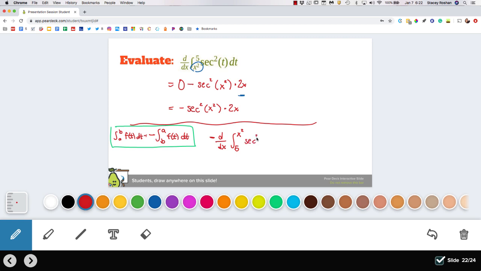And so if we were to do that, you're obviously going to get the same answer. Now you have that negative, let it hang out, and then you would be putting this x squared in and chaining it. Secant squared x squared times 2x. So either way you want to do that one is fine. And that's kind of why we get this opposite formula, because you would be doing 0 minus on that one, or flip it first. Either way.